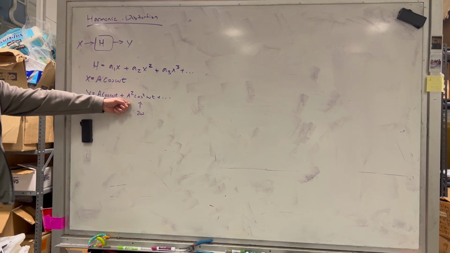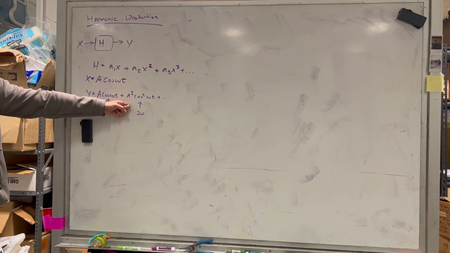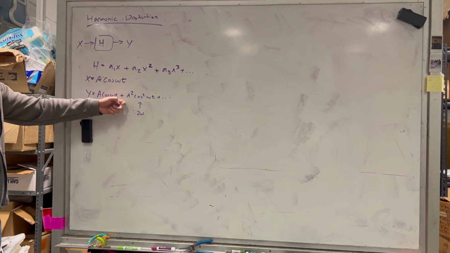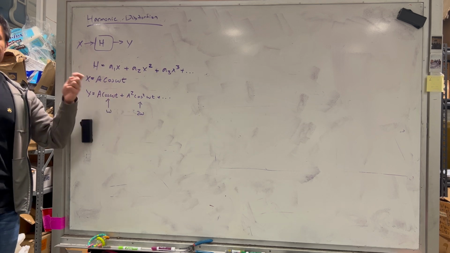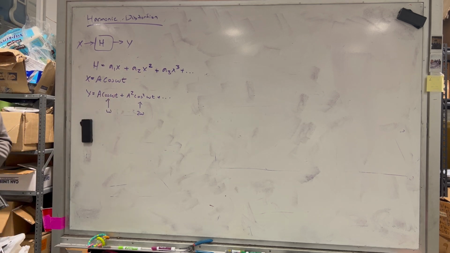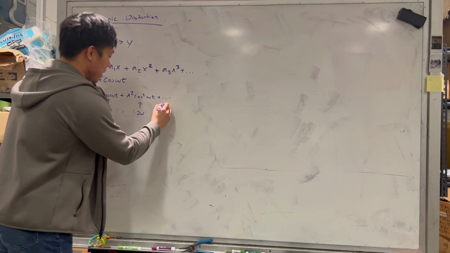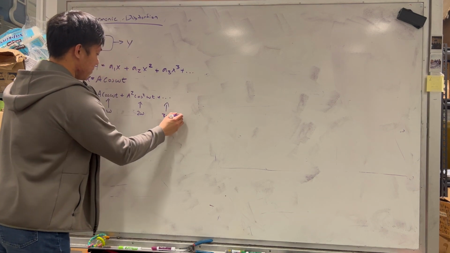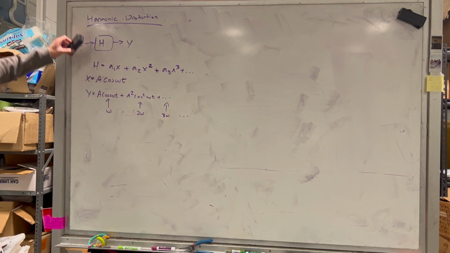Why is there something at 2 omega? Square. Yeah, it's squared, but if you do the power reduction, you get the 2 out, and then you keep going, you get some 3 omega, and so on. You get a lot of that.